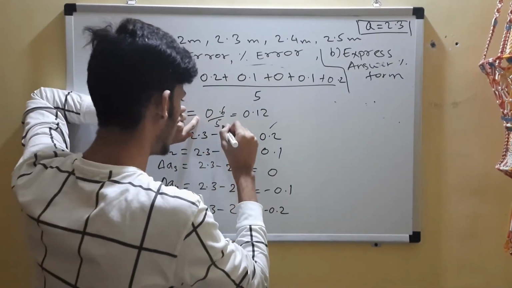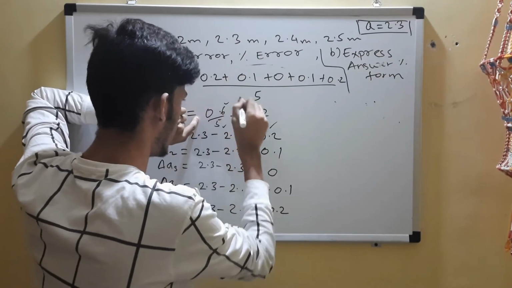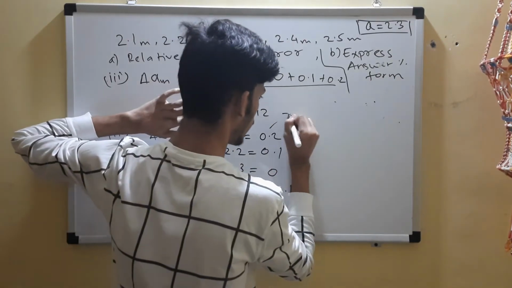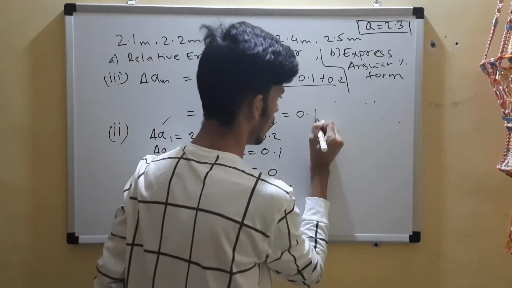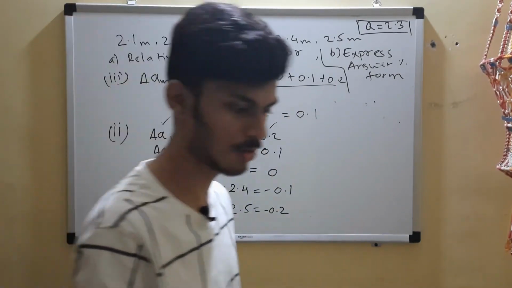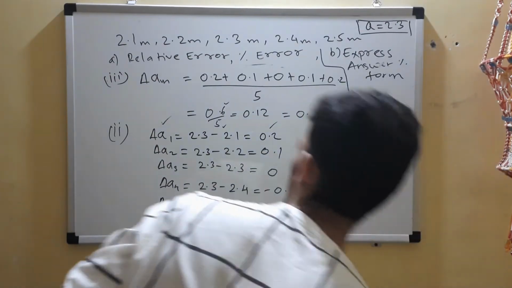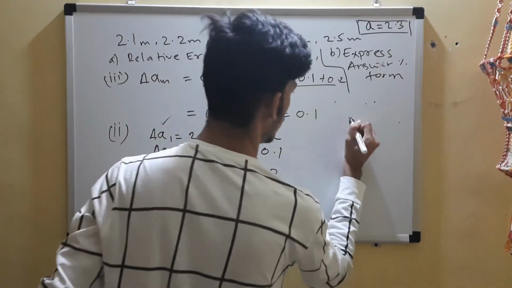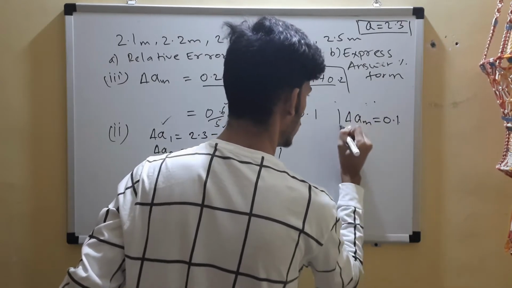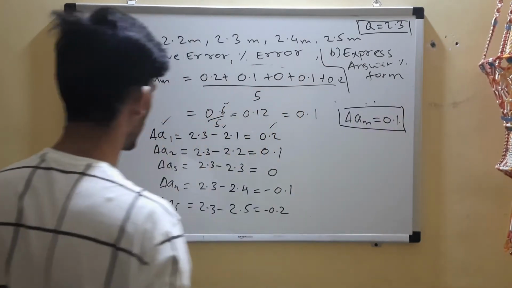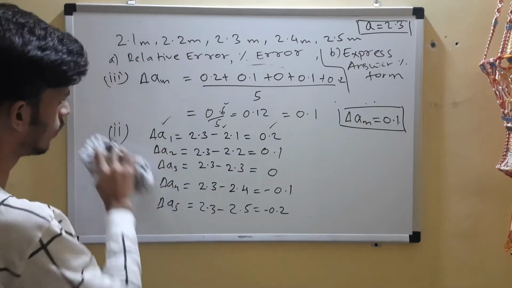Since it's division, here it's 1, here also it's 1. So you have to keep only one significant figure. So 0.1, drop that 2 out. 0.1 is all you have. So delta A mean is 0.1.